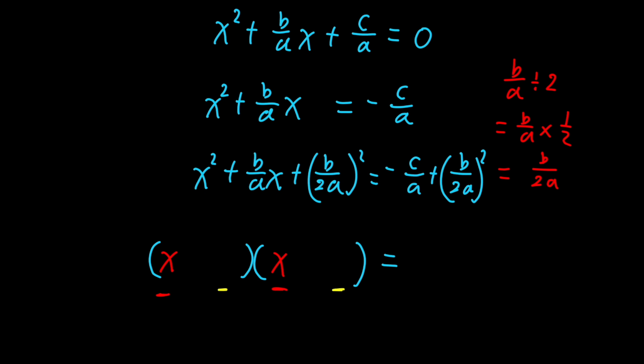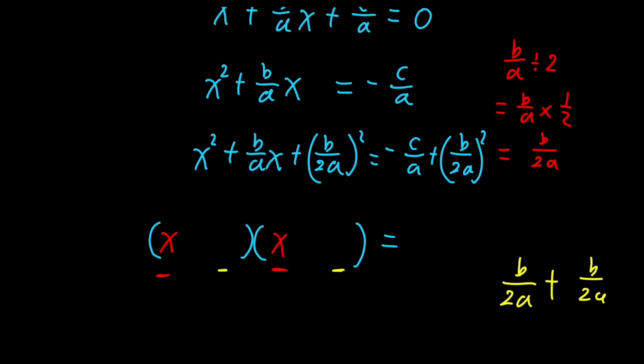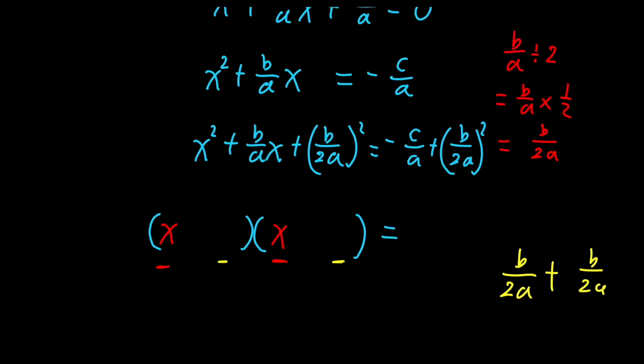So let's check it. The factors of b over 2a squared would be simply b over 2a and b over 2a. And the sum of them must equal b over a. So let's check it.